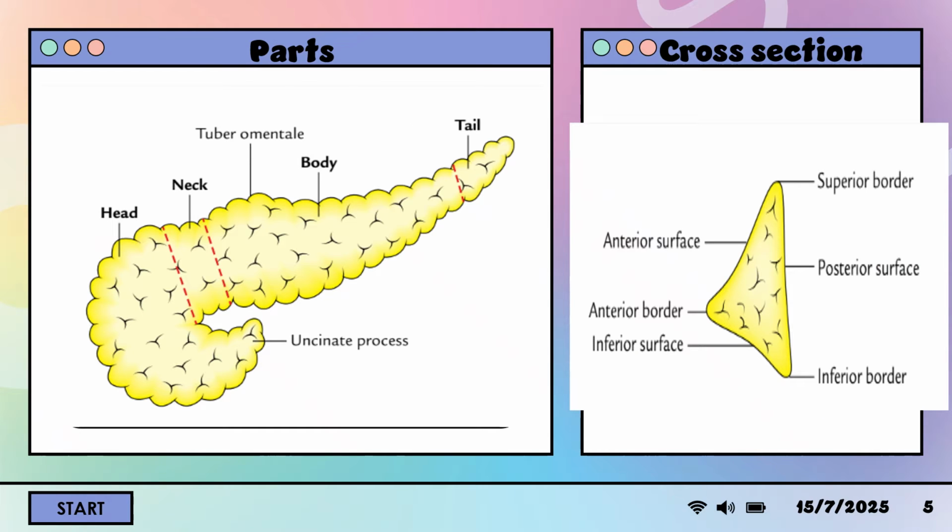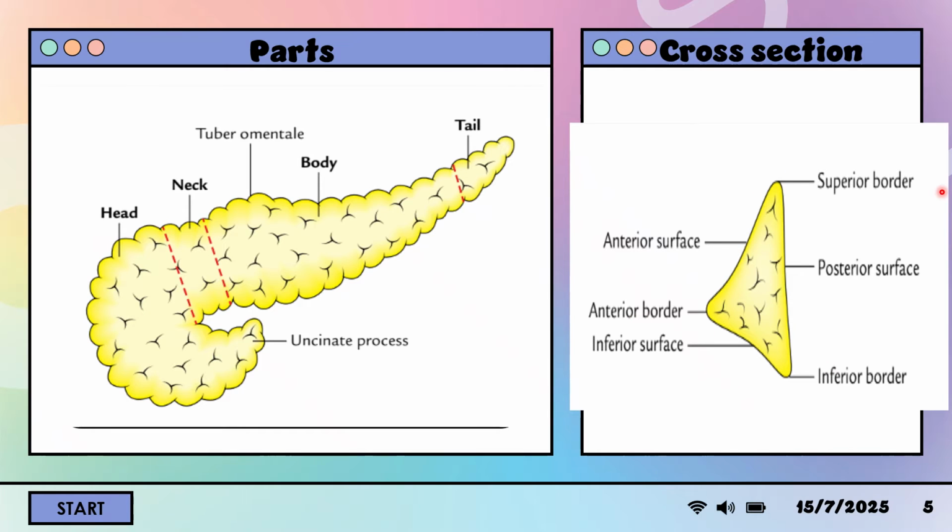Next we'll see its cross section. These are the parts that we discussed in the previous slides. We can see the head, the constricted neck part, the major body and the small tail part. In cross section, if we cut like this, it will appear somewhat triangular.